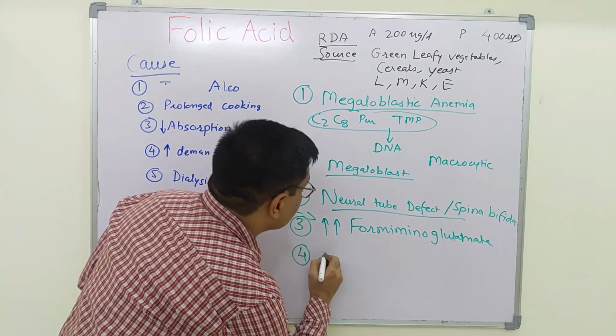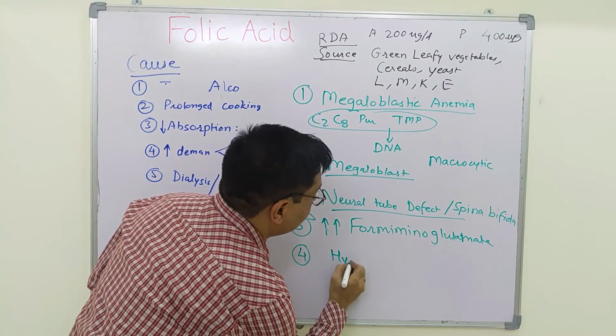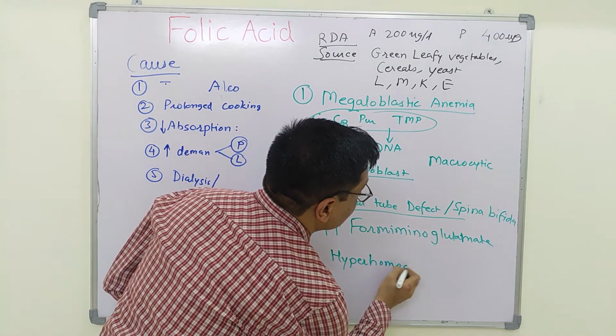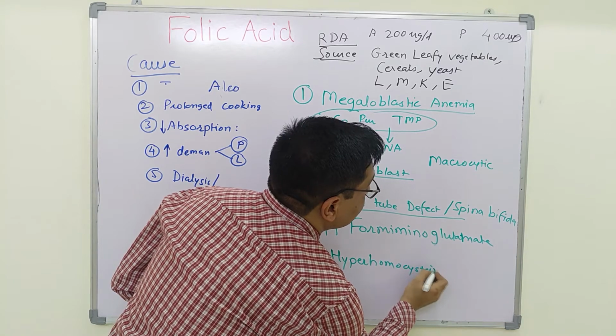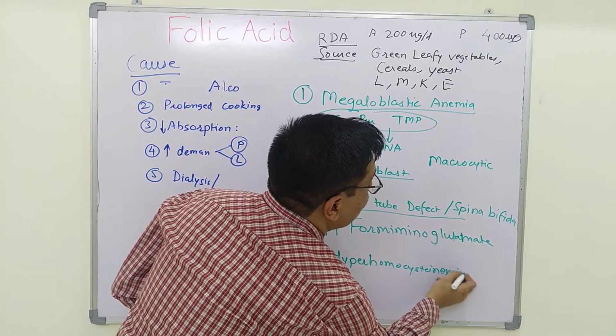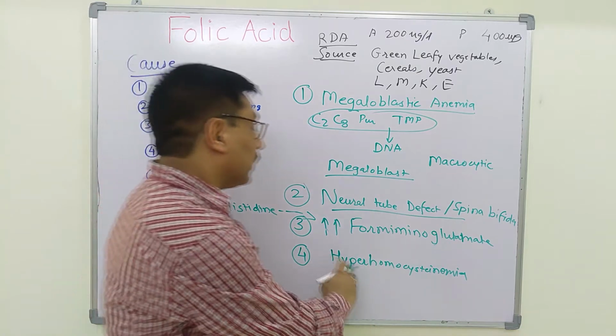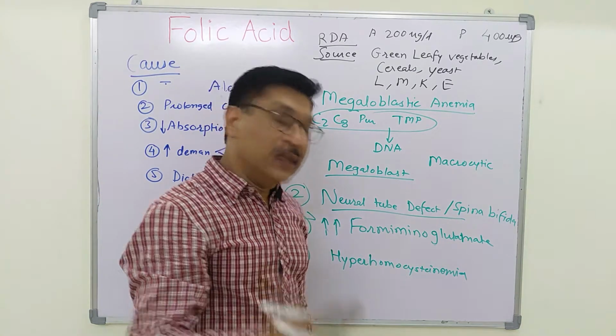Also, there occurs hyperhomocysteinemia. This is because homocysteine cannot be converted into methionine, and hence homocysteine in blood is increased.